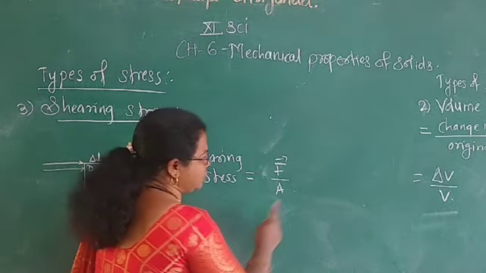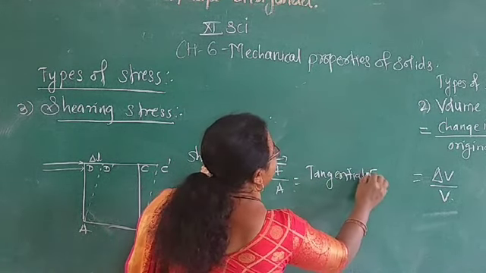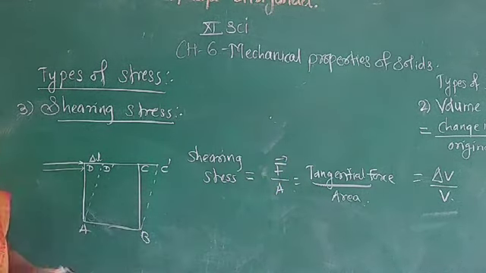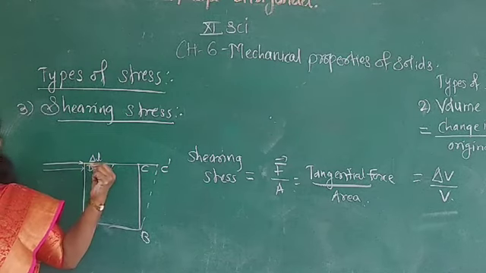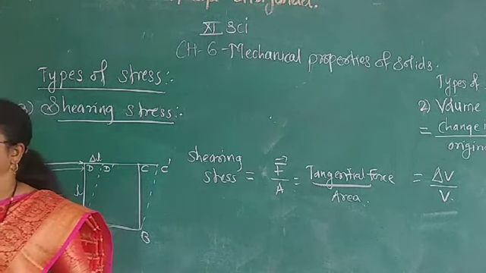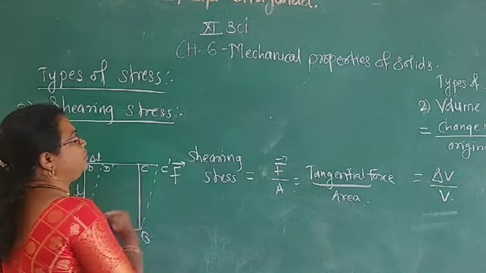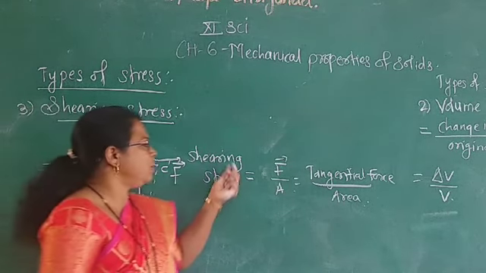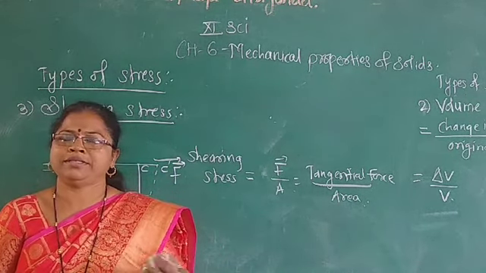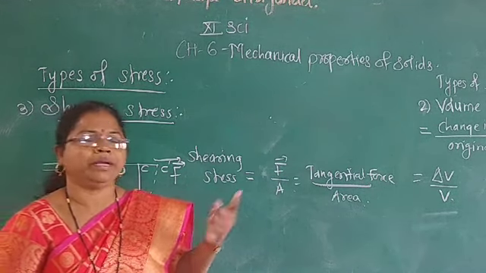In this case, this is the tangential force per unit area applied on this, so this delta L and this original length L. The force in this direction is F bar. So this is called shearing stress. Once again, its dimension and unit are the same as that of tensile stress, that is Newton per meter square.